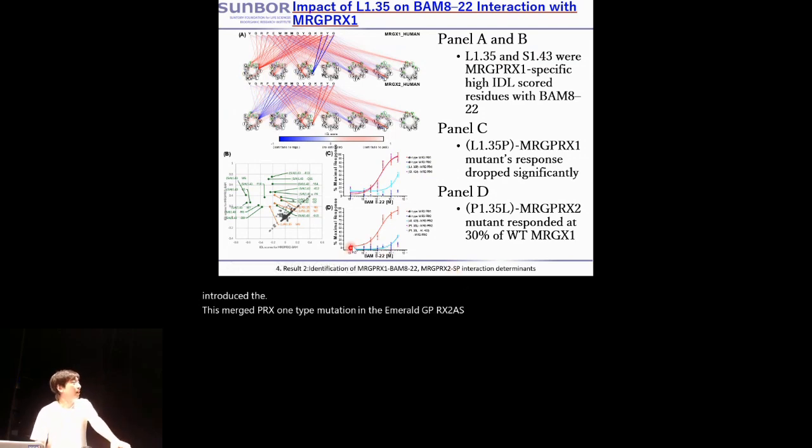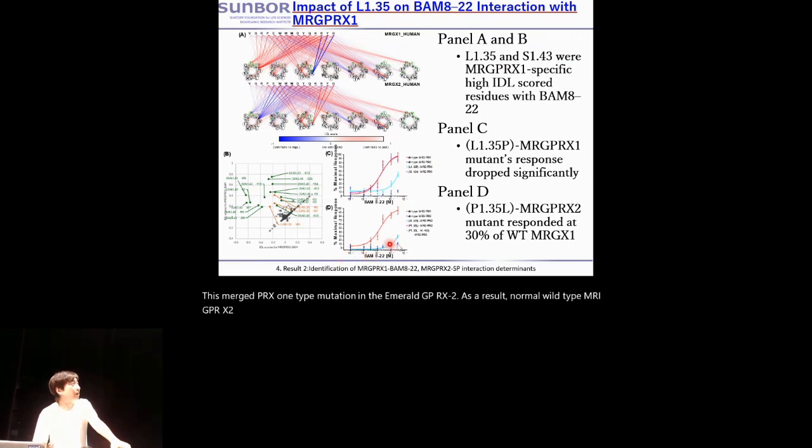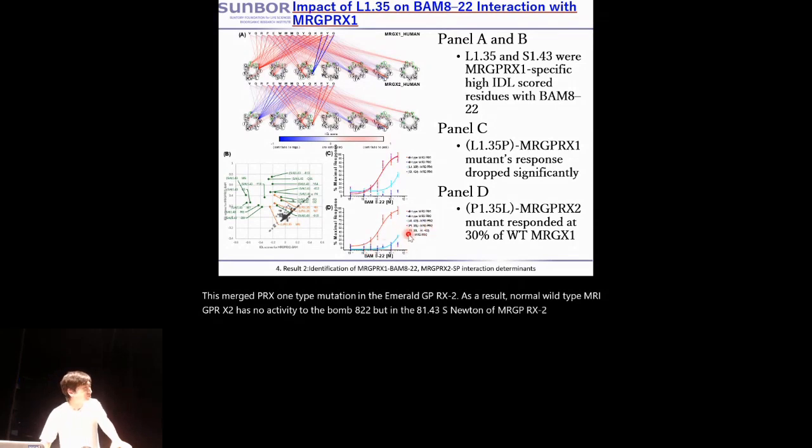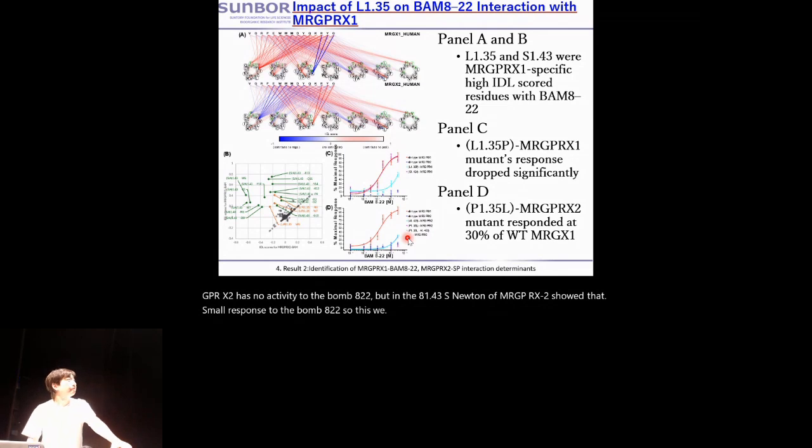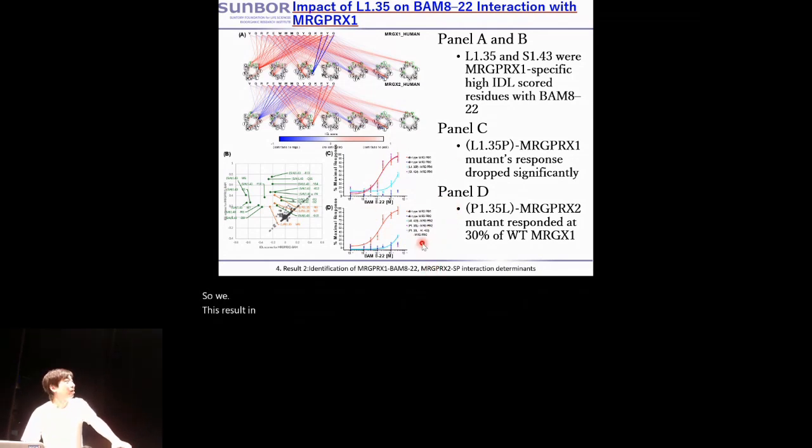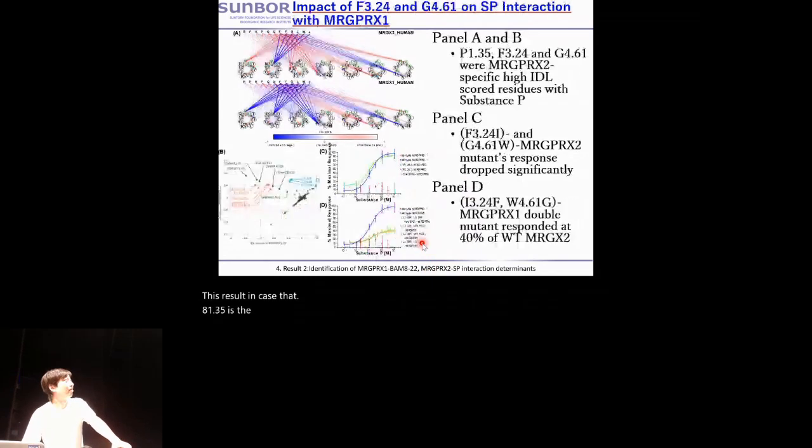As a result, normal wild type MRGPRX2 has no activity to BAM22, but the A1.43S mutant of MRGPRX2 showed a small response to BAM22. So this result indicates that L1.35 is the determinant residue for BAM interaction.